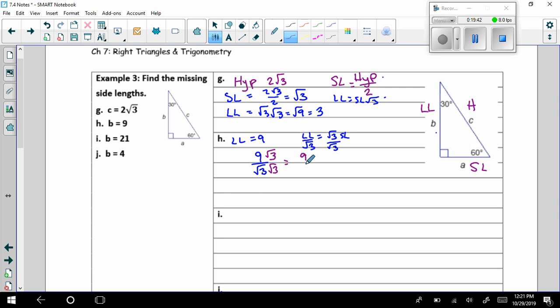So this is 9 root 3 over, in case you haven't noticed that pattern when we multiply a square root times itself, it's just that root number. This would be the square root of 9, which is 3. 9 divided by 3 reduces, and that's 3 root 3. That would be your short leg.